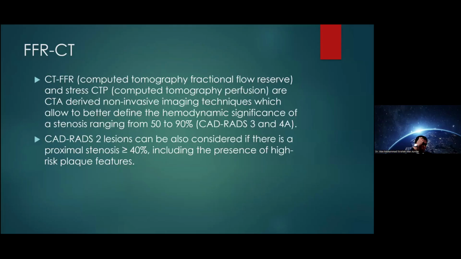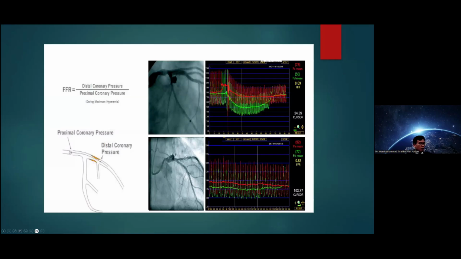Now we go to the CT-FFR and also the CT perfusion. CT-FFR is derived from CTA images. It can be used to better define the hemodynamic significance of stenosis ranging from 50 to 90%, especially in CAD-RADS 3 and CAD-RADS 4A.